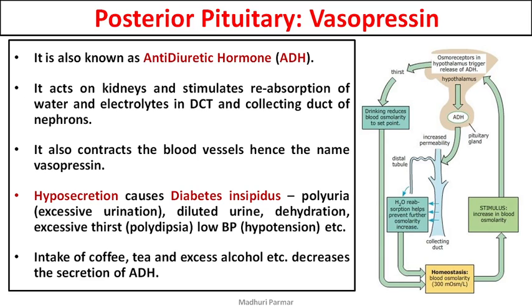Why? Because antidiuretic hormone is absent, so your urine will be dilute and you will have to urinate frequently. So this is vasopressin. We will see another hormone doing the opposite function of vasopressin when we talk about your adrenal cortex. So remember that.